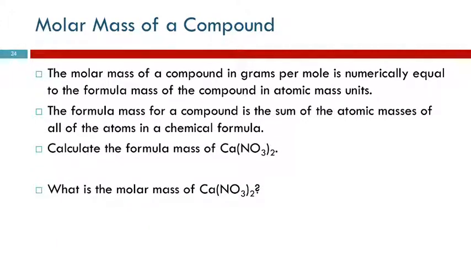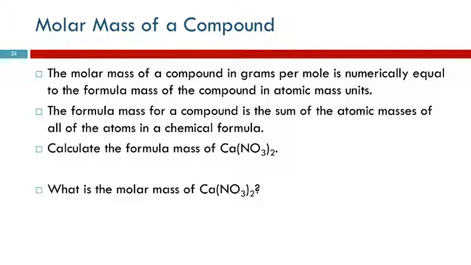It is the same number as the formula mass, but a different unit. For the formula mass, you look at how many atoms of each element are in the formula, add up their masses in atomic mass units, and you get a number. The unit is atomic mass units. The mass of 1 mole of molecules or formula units is the same number in grams.